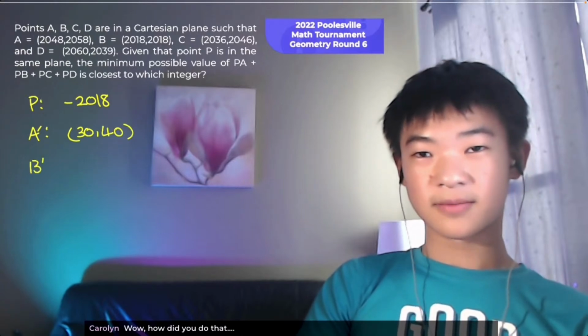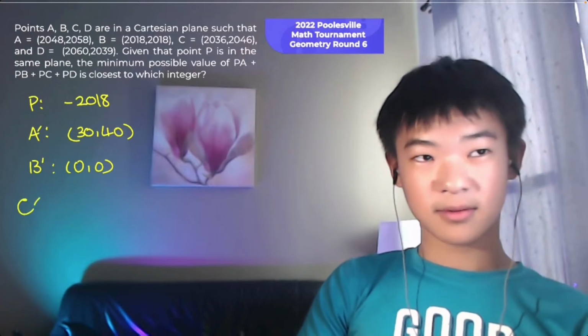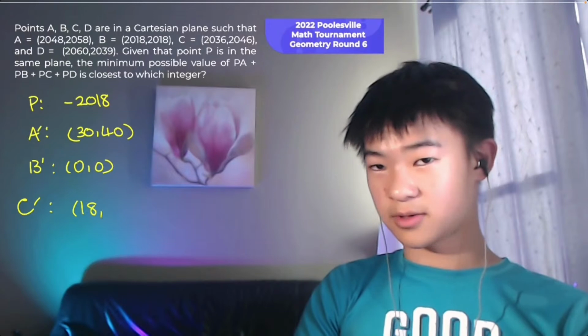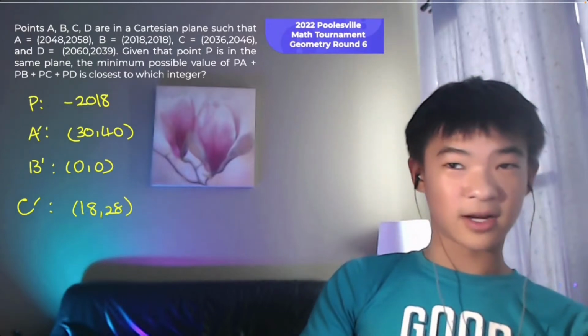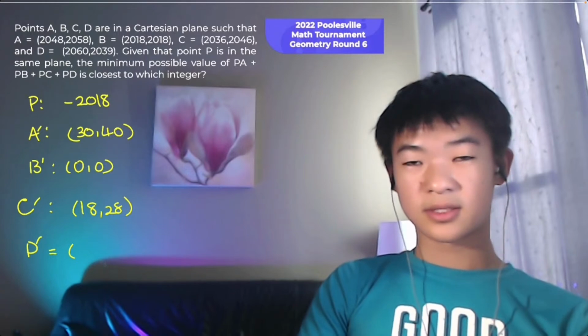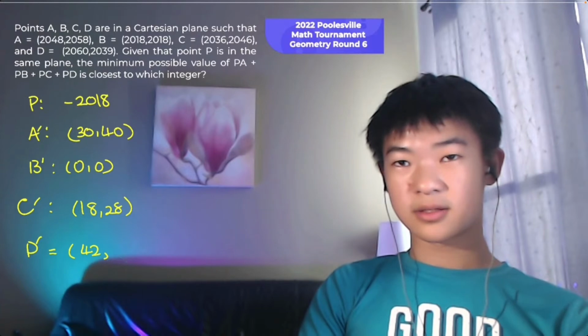B prime becomes (0, 0), very convenient. C prime becomes something like (18, 28). And then D prime becomes, let's see, (42, 21).